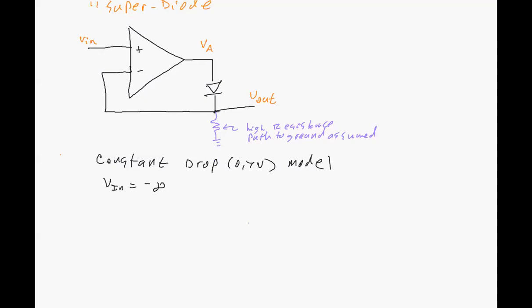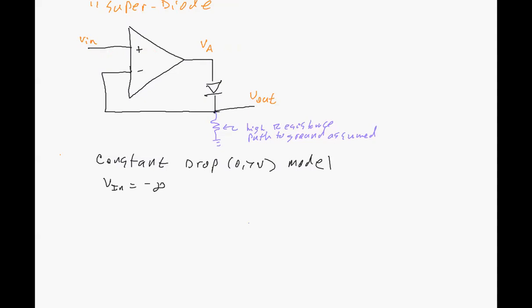If we have minus infinity here, that will go through the op-amp, and basically cause minus infinity here, right? And if we have minus infinity here, the diode is off, right? Hopefully that makes some sense.